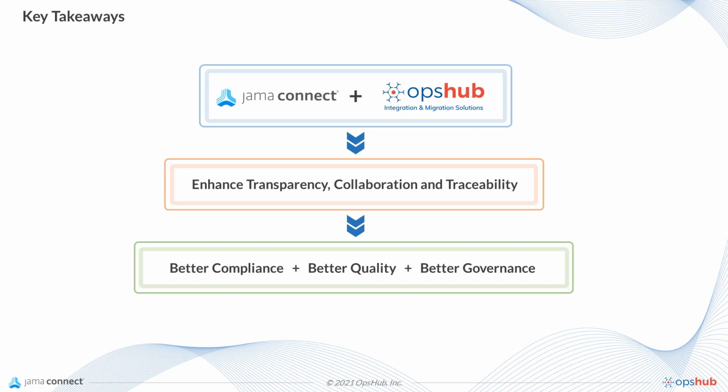Bringing all that data together, bringing the teams together, it really is a strong foundation for better compliance, better quality, better governance, and that high level of collaboration, doing that work very efficiently.